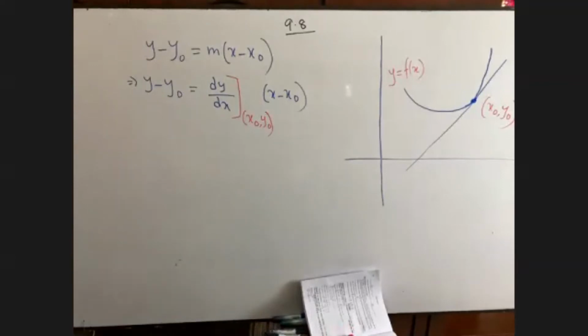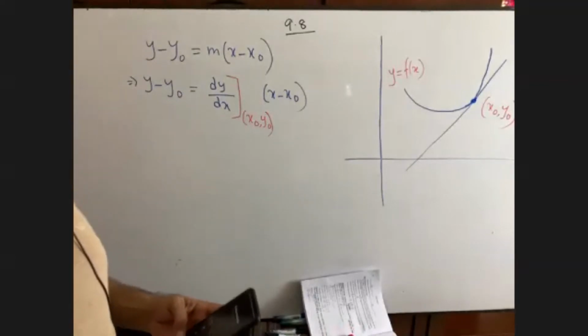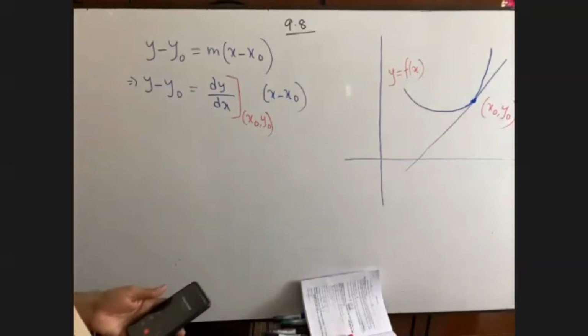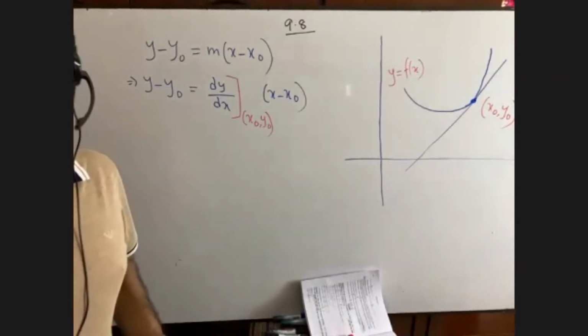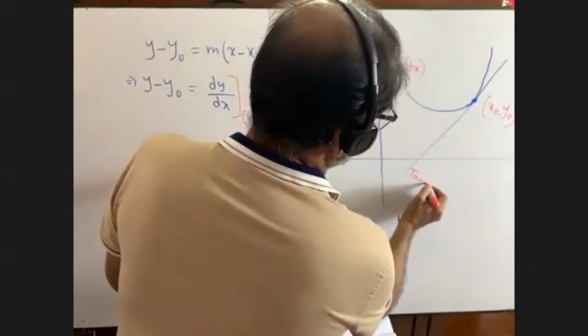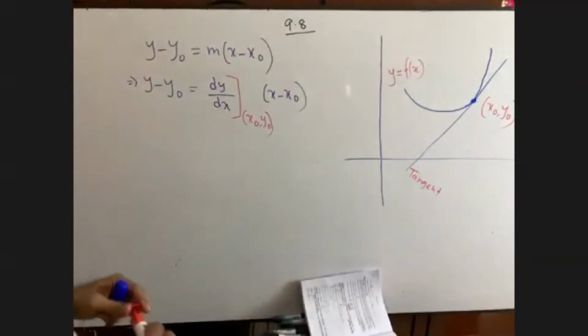If you fail to understand, please let me know. This is the equation of a tangent. Have you got it? This is called the equation of a tangent.